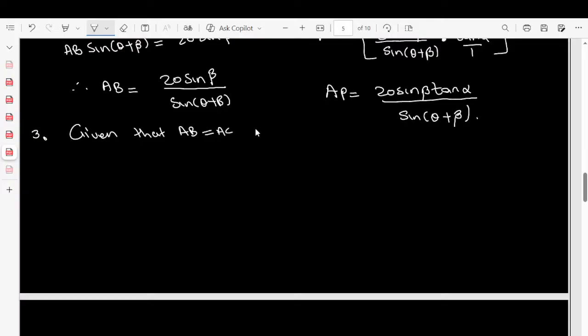So now determine, in terms of alpha and beta, in its simplest form.